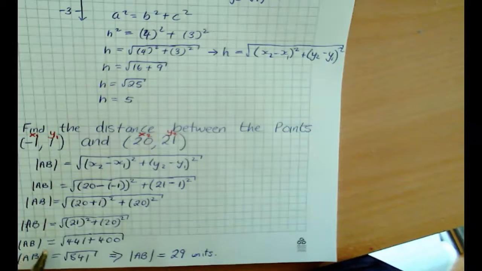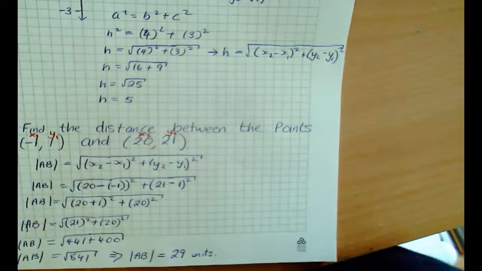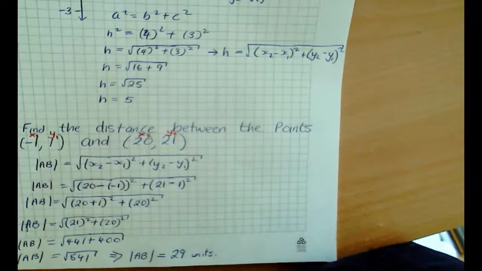So AB then is equal to the square root of 21 squared, which is 441, plus 20 squared is 400. AB then is equal to the square root of 441 plus 400, which is 841. The length of AB is equal to the square root of 841. When I put that into my calculator, I got 29.